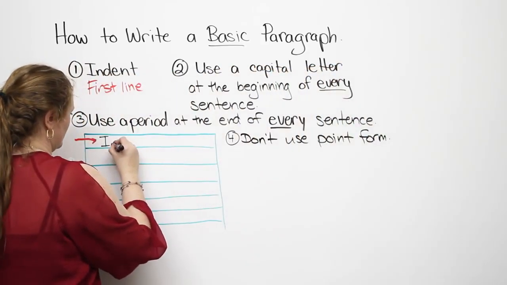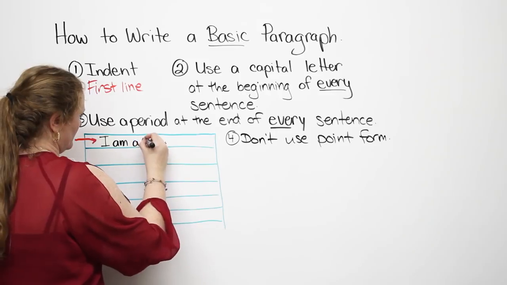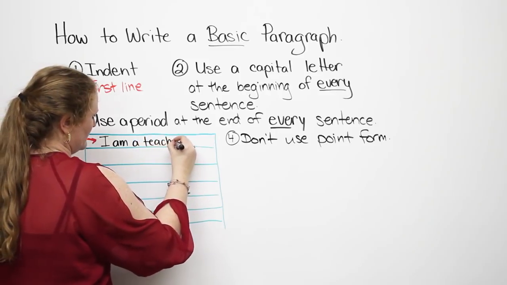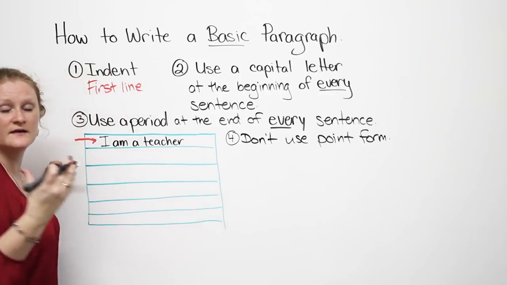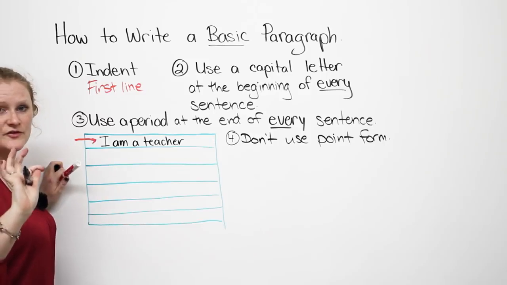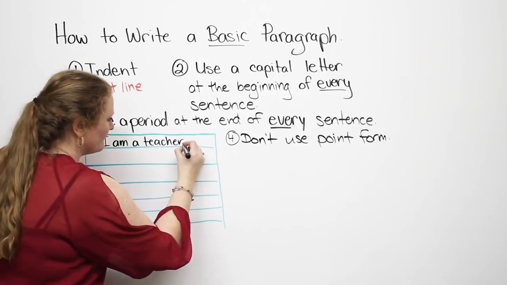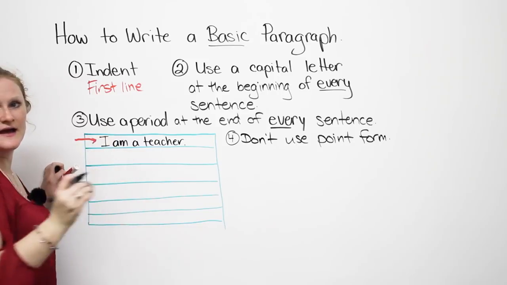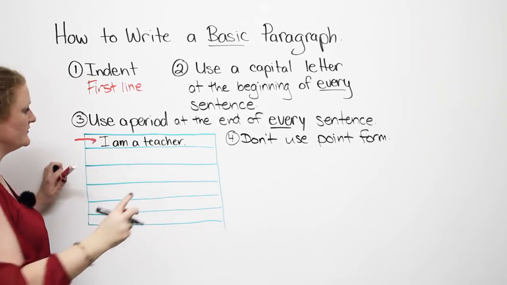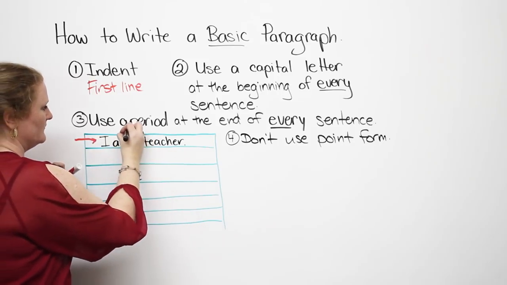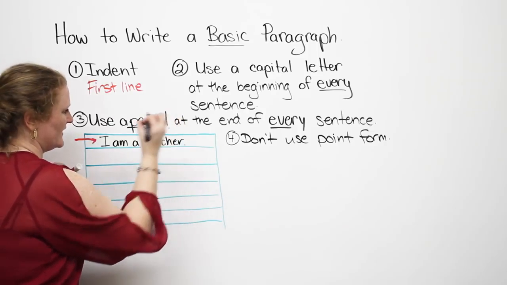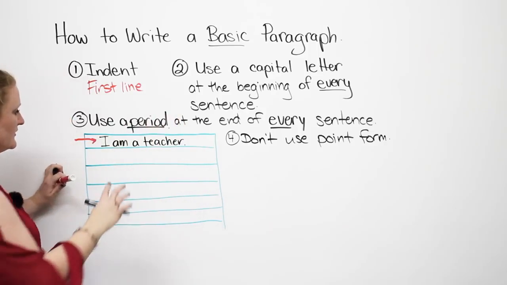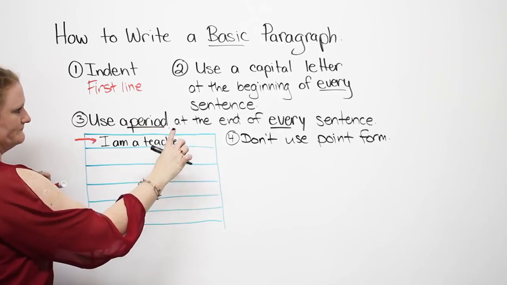I am a teacher. Okay? This is one sentence. So, rule number 3. At the end of my sentence, I must use a period. A period is a dot, if you'd like. So, I am a teacher.